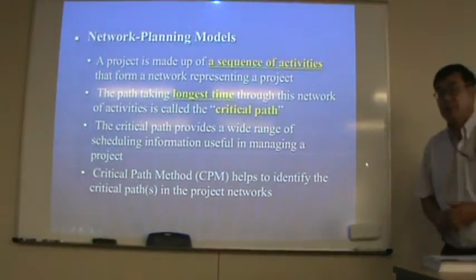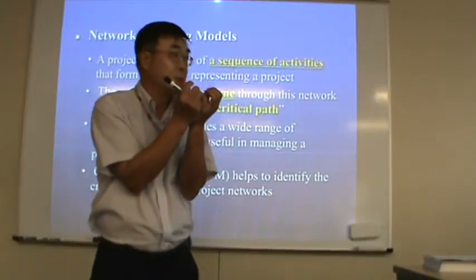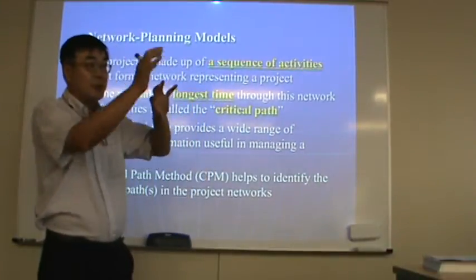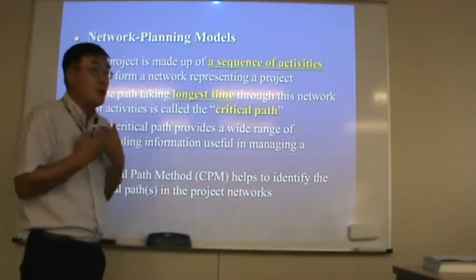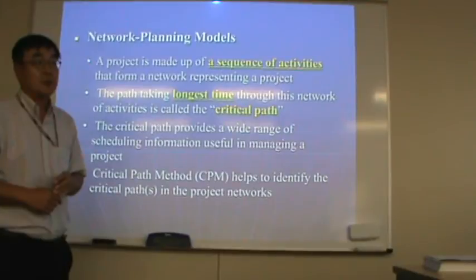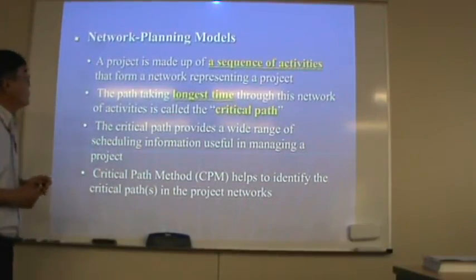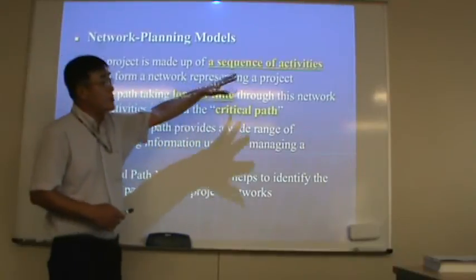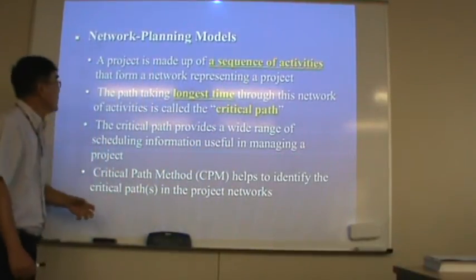So project activities are related to each other. Then we draw them, and it looks like a network, right? So we use network planning models, network planning models for project management. A project is made of a sequence of activities: first thing, second, next, and so on.